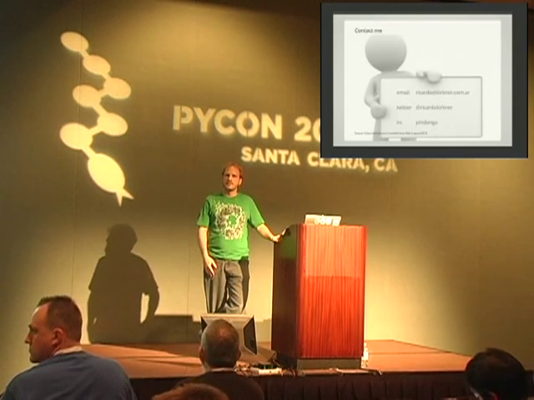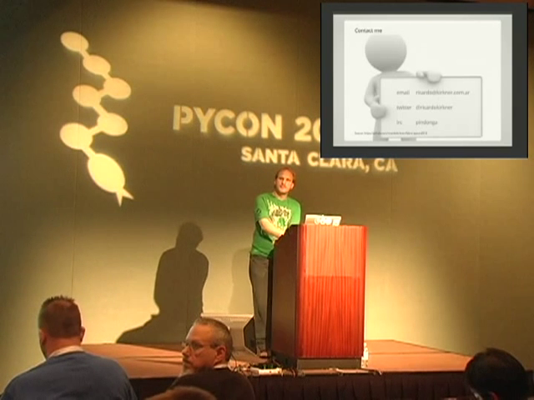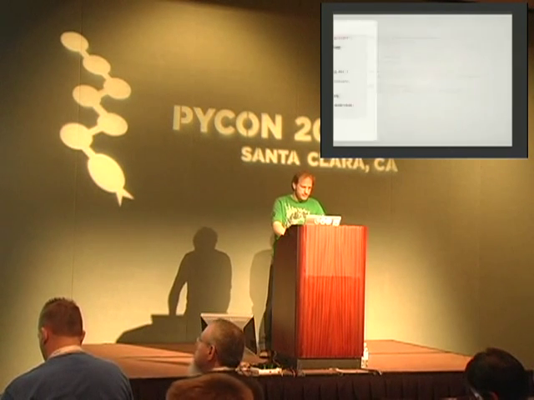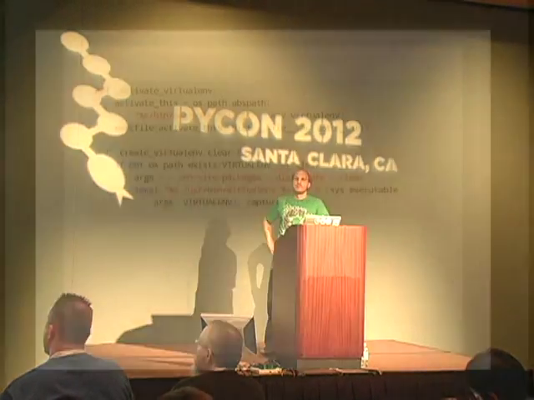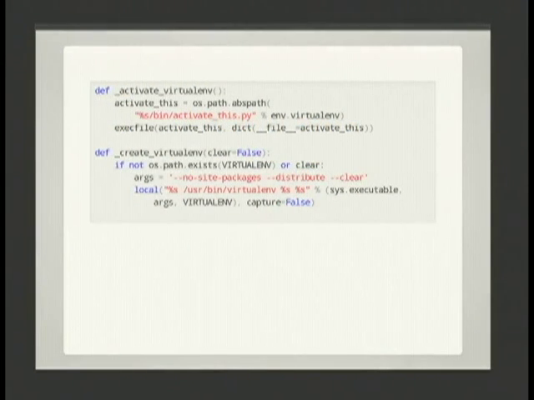Just a comment. Can you go back to the slide where the activate virtual env is? I also needed to create virtual envs or activate them. All that script does is change the path locally, just os.environ.